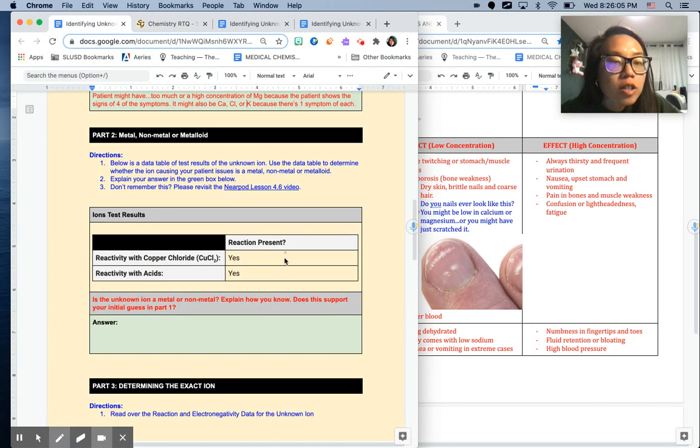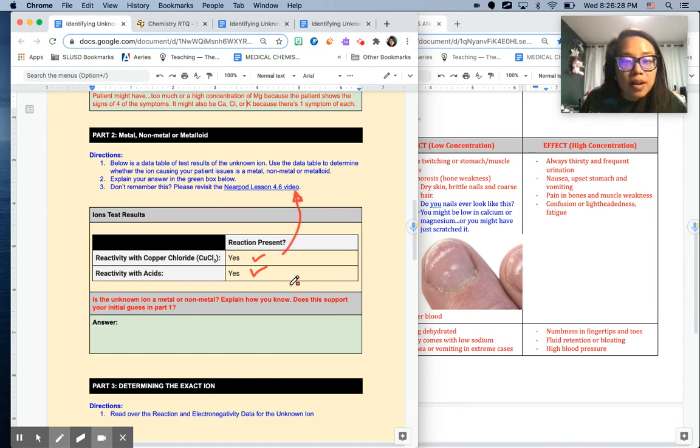So in part 2, it says it reacts with copper chloride, and the answer is yes. So yes, it does react with copper chloride. Reactivity with acids, yes, it also reacts with acid. So if you have no idea what this means, rewatch this video.